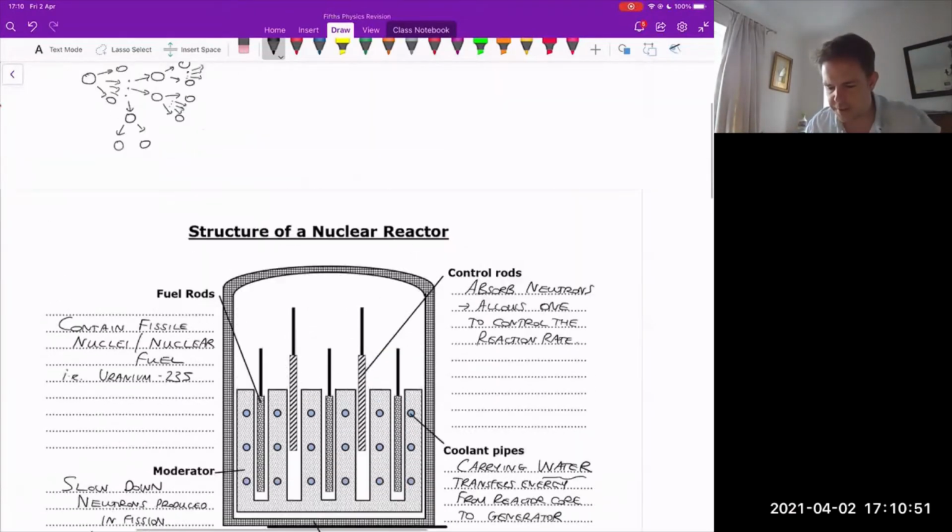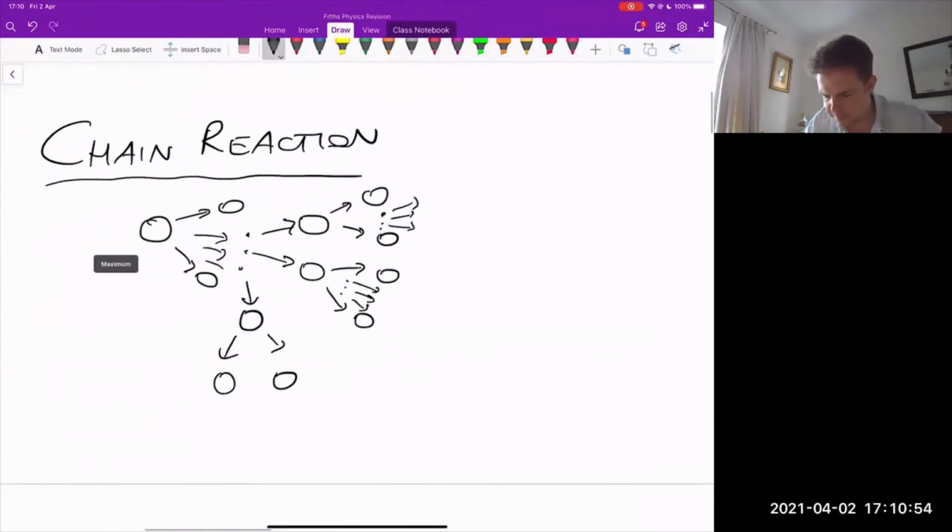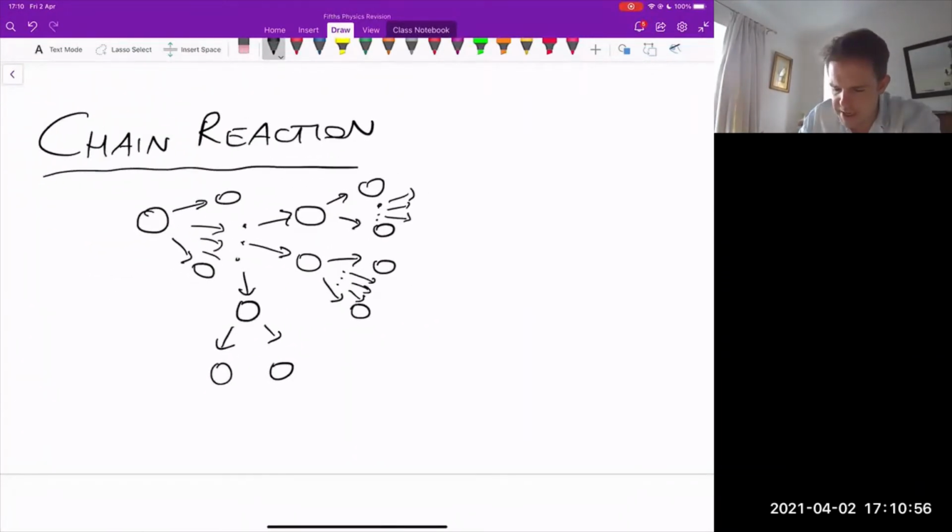Typically what you want to do is have the control rods in so that you only absorb the excess neutrons, so maybe only allow 1 neutron per fission event to go on to cause a further reaction, because then the reaction rate doesn't multiply every time.